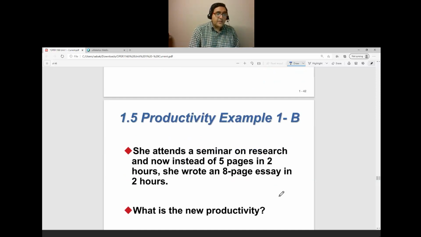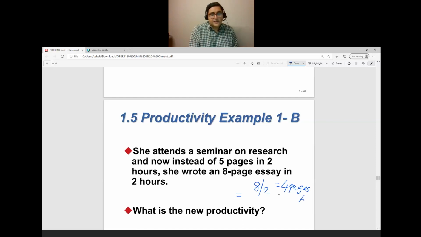You always have to note down the units. If you don't write the units, you can make mistakes and I will reduce your marks. So please make sure that you write down the appropriate units here. So 5 pages divided by 2 hours is 2.5 pages per hour.